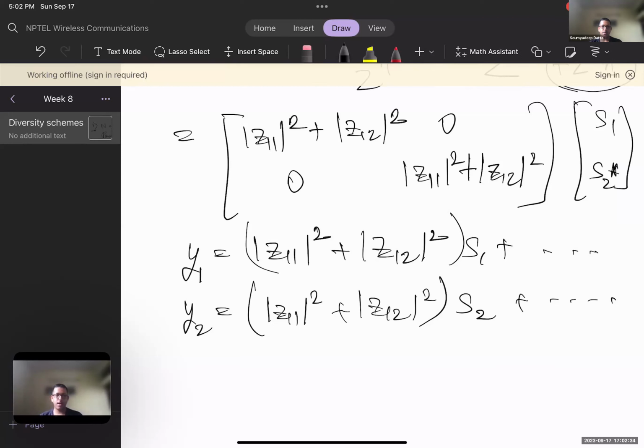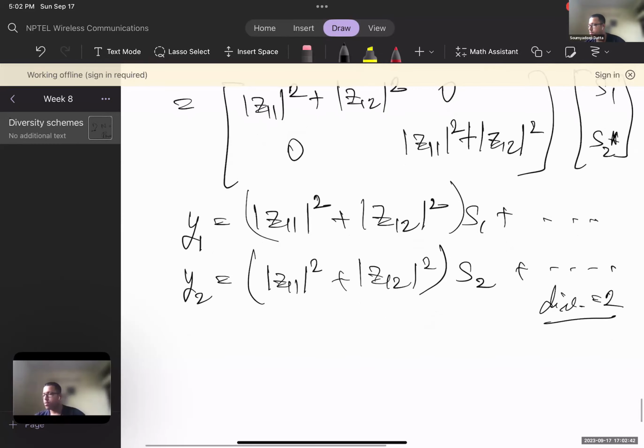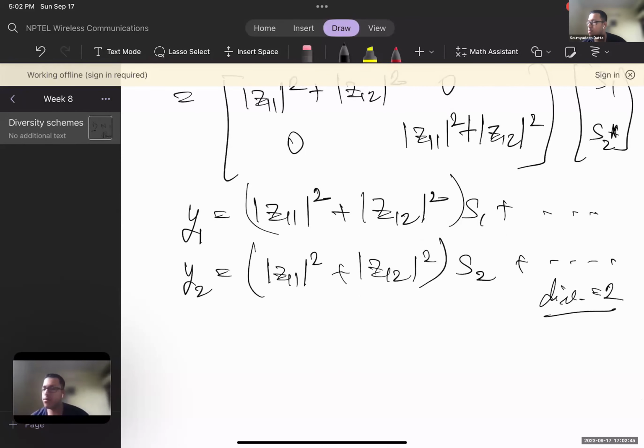So the diversity order in this case, as we know for MRC, becomes 2, because from Y1 we can detect S1 and from Y2 we can detect S2. So for both of them we get a diversity order of 2.